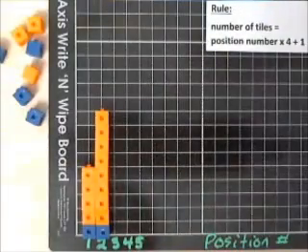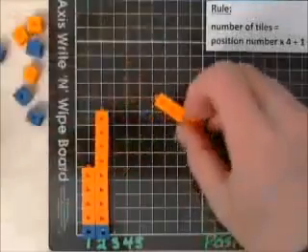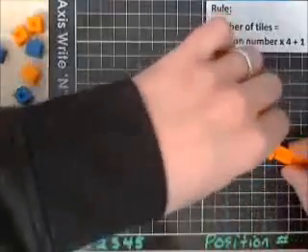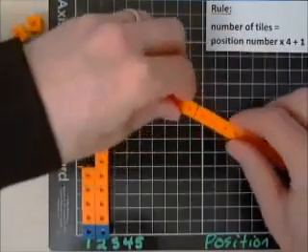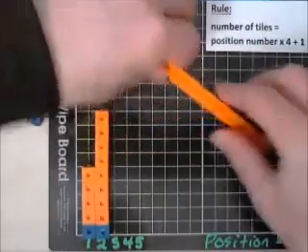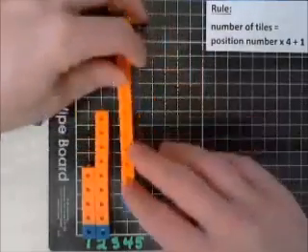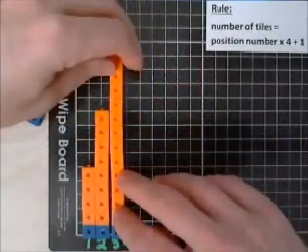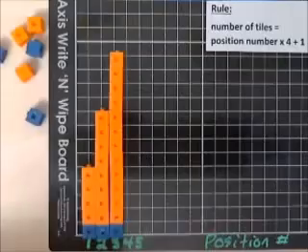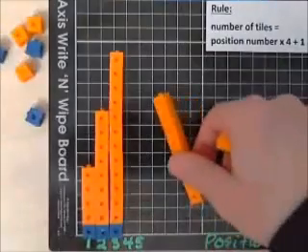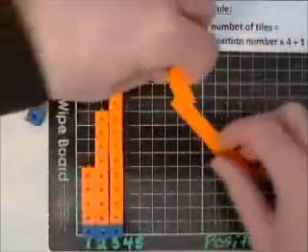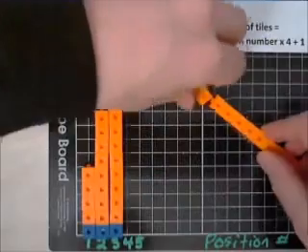If I'm in position number 3, I need to add another 4 tiles, for a total of 12 tiles, 12 orange tiles, plus 1, a grand total of 13. Next step over, I'm going to need to add another 4 tiles. Let's see.